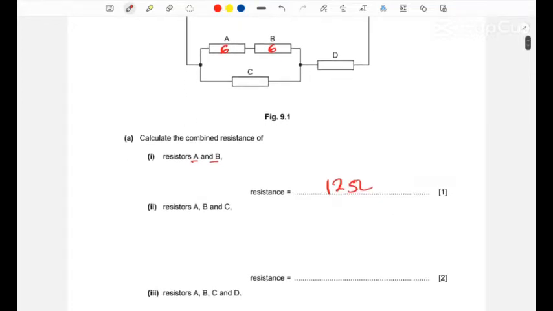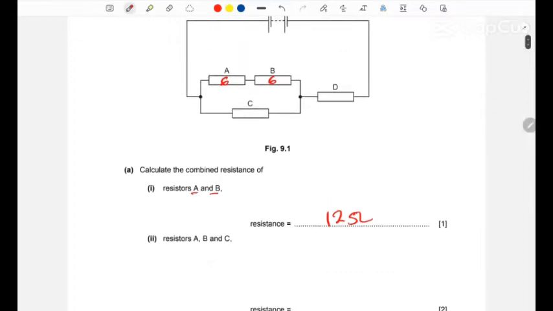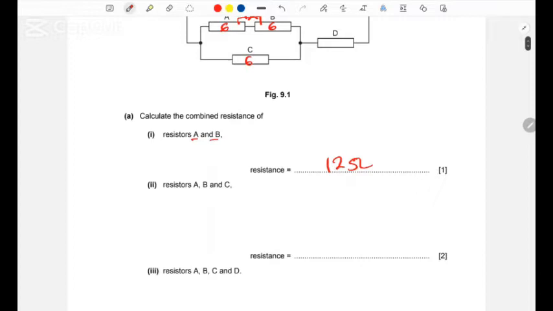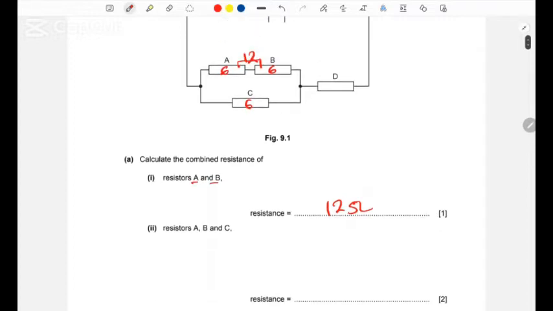Part 2. Resistors A, B, and C. So now this C is also 6 ohms. We have 12 ohms over here because we know the total of A and B is 12. So now A, B, and C are in parallel.